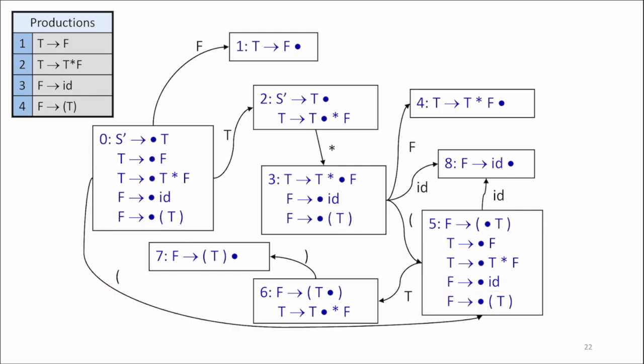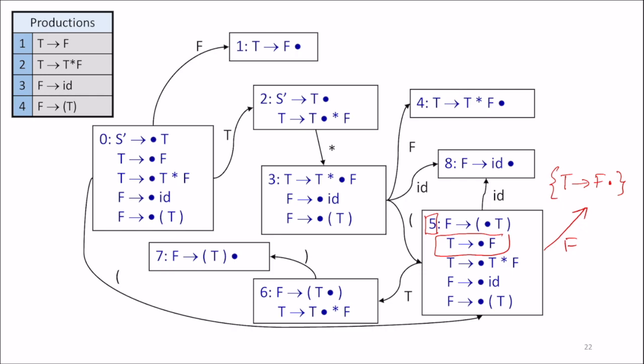Now let's consider a transition from state 5. From this state, let's compute the successor on F. Let's look at all the cases where the dot is before the F. There seems to be only one case, which is here. That gives me T goes to F dot, and the closure on that gives me no new dotted items.